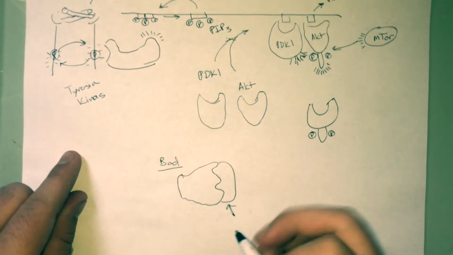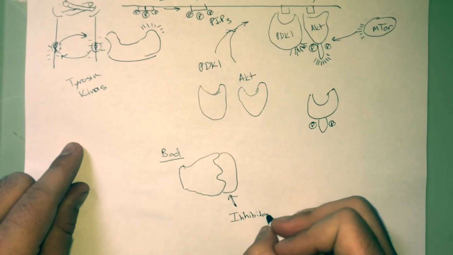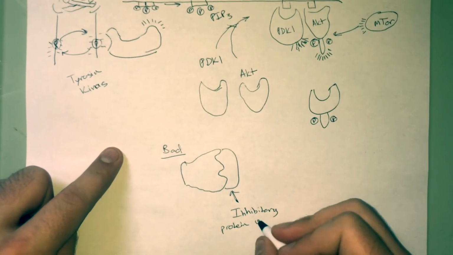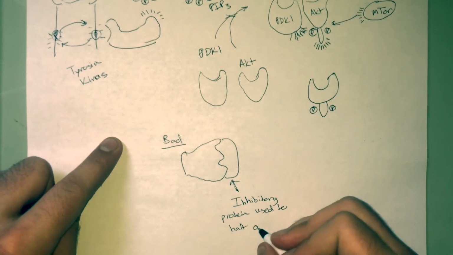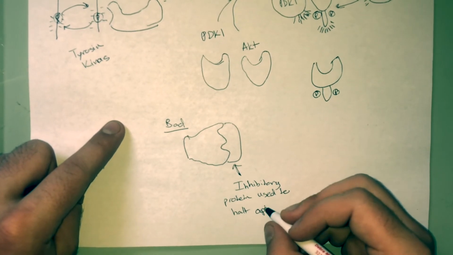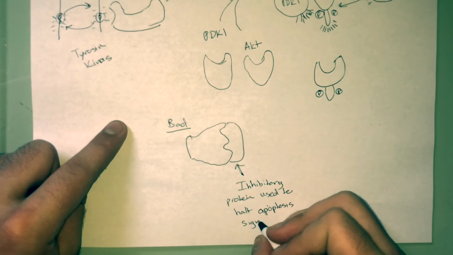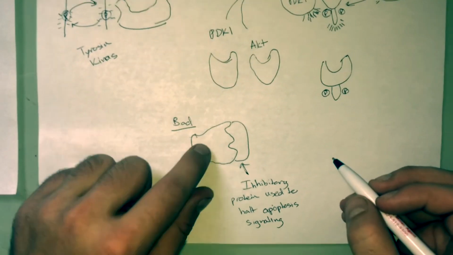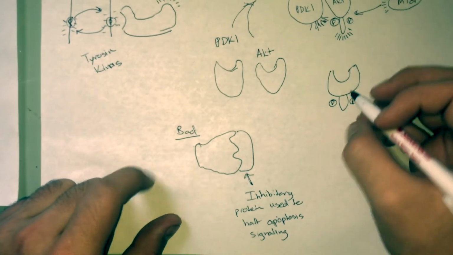So this is the inhibitory protein, used to halt apoptosis signaling. But it will not work if it is attached to the BAD protein. So this is where active AKT comes in.